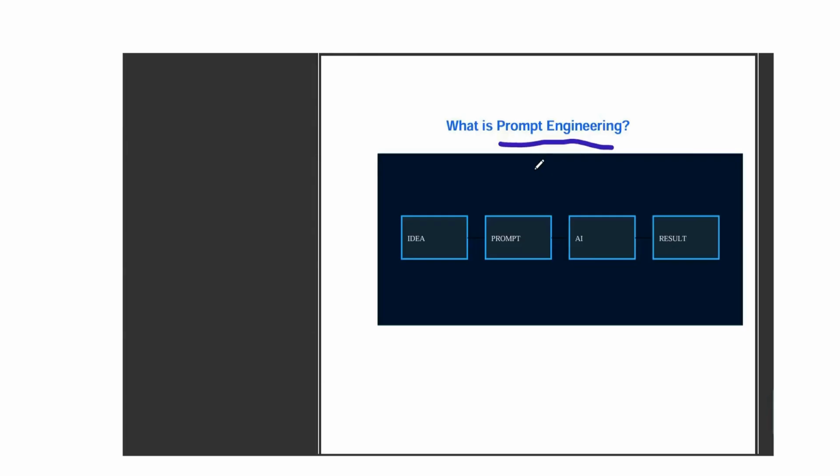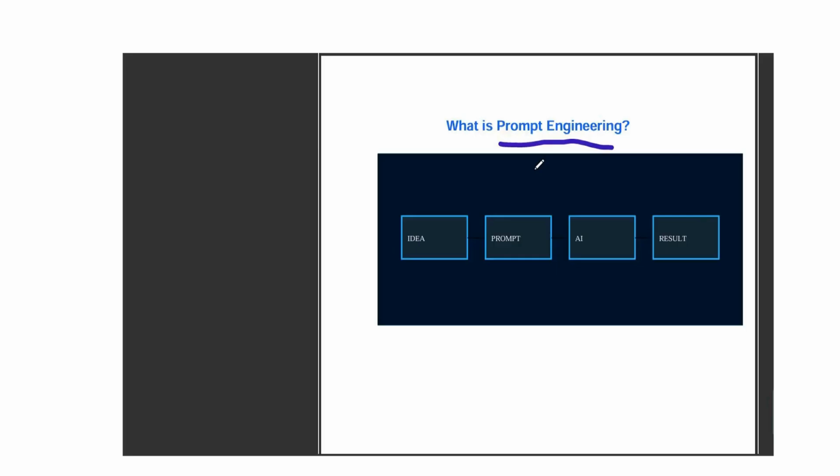Maybe you ask something like, explain Python, or write a LinkedIn post, or anything you want to know from an AI tool like ChatGPT. That input, that instruction, is nothing but a prompt.